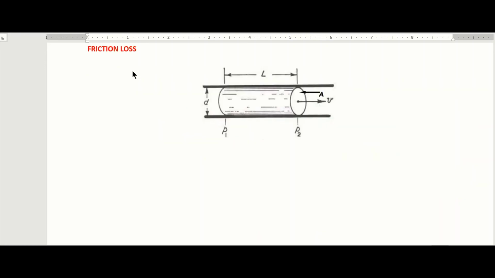So let's look at friction loss. Now, when there is a loss of head due to friction in a pipeline, in terms of the velocity head, we assume that the frictional resistance per unit area of the pipe wall is proportional to the square of the mean velocity of flow.